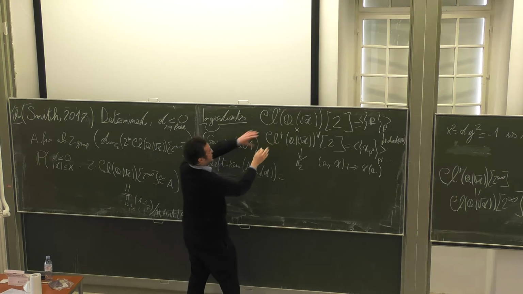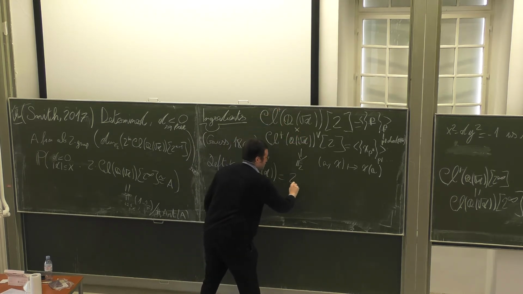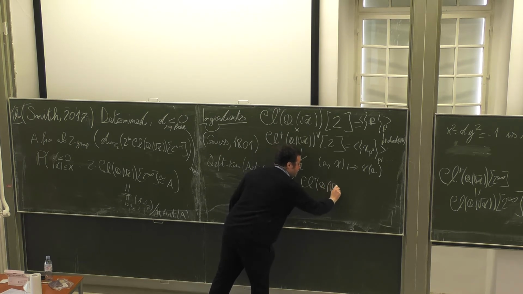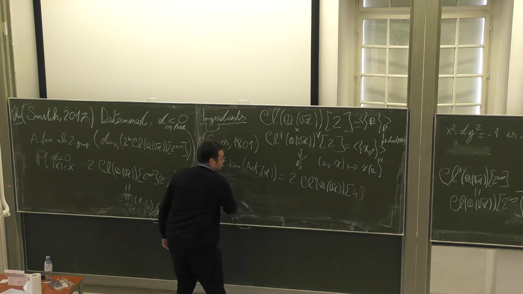So this is left and this is right for me. So this is 2 times the thing is the next space you are after. And dually for the right kernel.